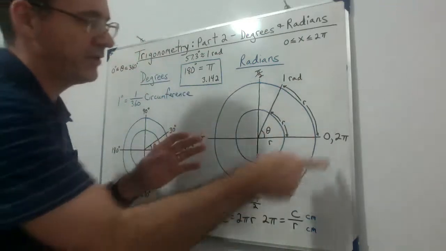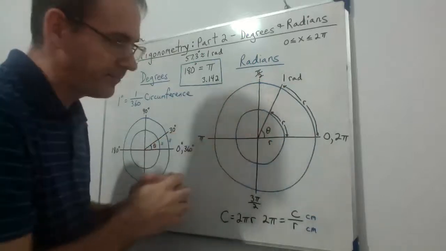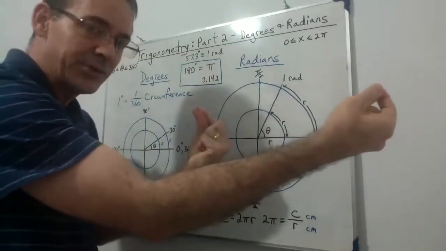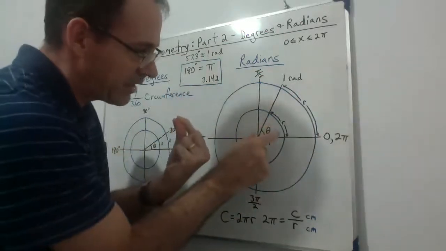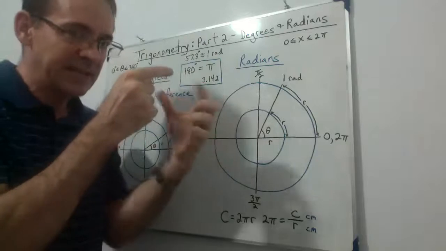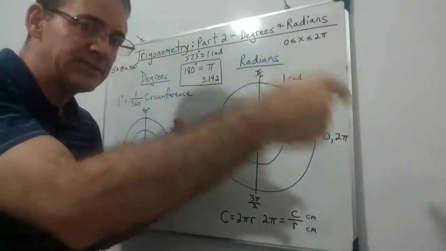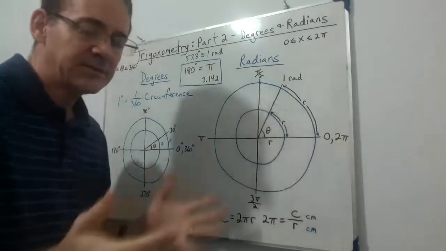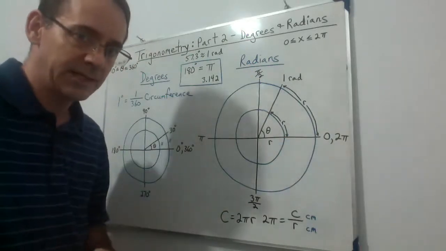If you were to take your circle and cut it at the 0 mark, stretch it out into a line, and then take the radius of the circle and see how many of those radius lengths will go into the circumference, that's the idea behind radians.